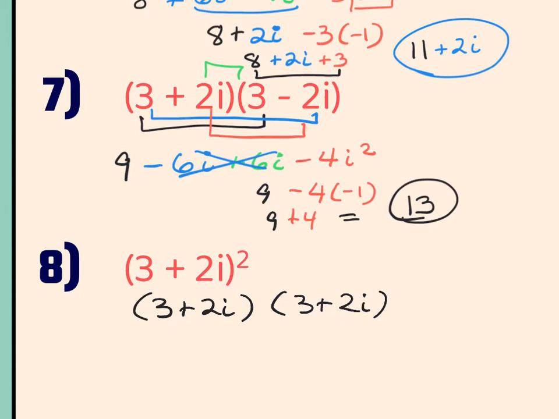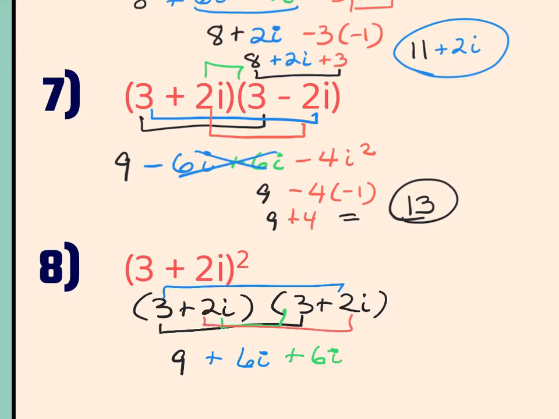So this is why it's important that you FOIL this. So 3 times 3 for first is 9. Outside gives me 6i. Inside gives me 6i. And last gives me 4i squared.